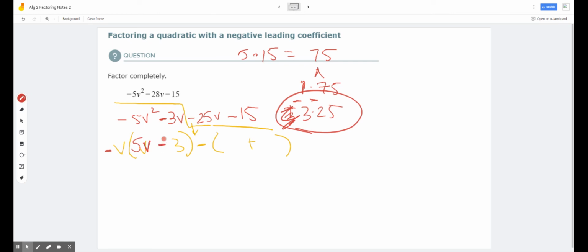The reason why I factored out a negative is because there's a negative in the front and a negative right here. I'm factoring out another negative 5 because that's in common. And I get 5v plus 3.